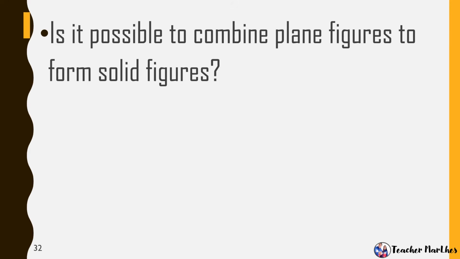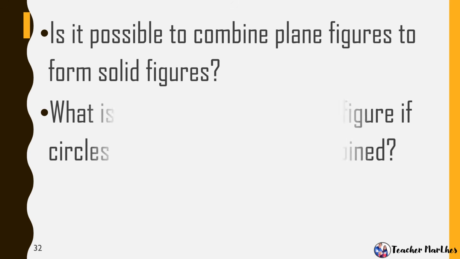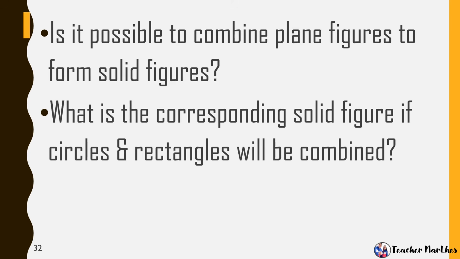Before we proceed to our next topic, I have a question. Is it possible to combine plane figures to form solid figures? The answer is yes, because we cannot form a solid figure without using a plane figure. Another question is, what is the corresponding solid figure if circles and rectangles will be combined?